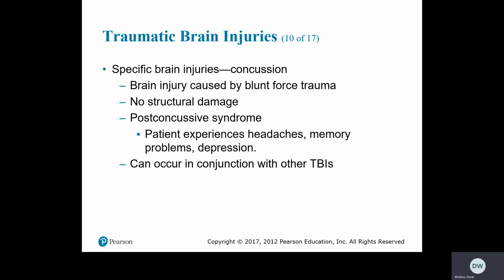It causes irritation. It causes bruising to those tissues, which causes headaches, memory problems, depression, depending upon the area of the brain actually involved. You can have concussions in association with traumatic brain injuries, or you can have just some standalone concussions at various levels.